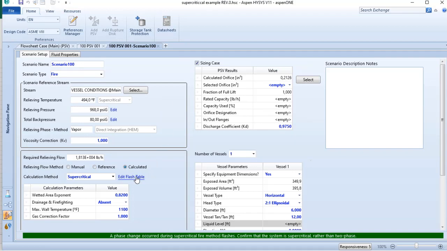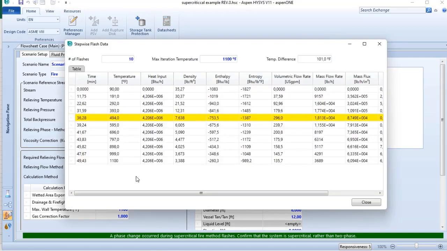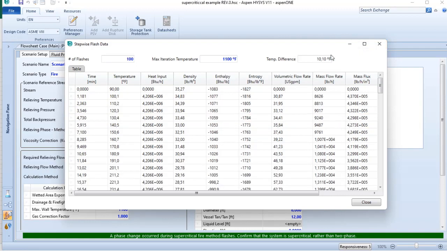If you go to Edit Flash Table, you verify that the iteration made by Aspen HYSYS here is 10 iterations. So what I will do here is increase this iteration to 100. With that, now we have a temperature difference of almost 10 Fahrenheit, that's close to the one that we used in the calculations.